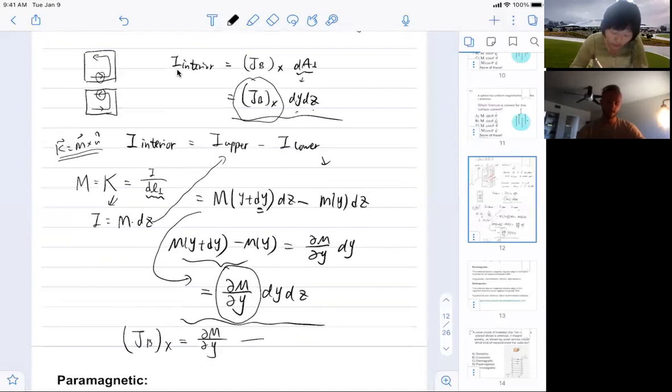This shows magnetization is not uniform. It is changing with respect to y. The upper part of the top cell has a bigger magnetization and a bigger current, and the interior current does not cancel anymore. So you can see that we have derived such a thing for the x direction.